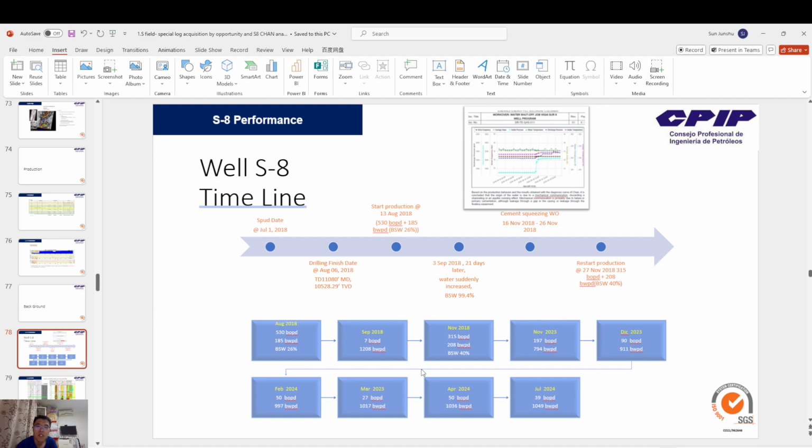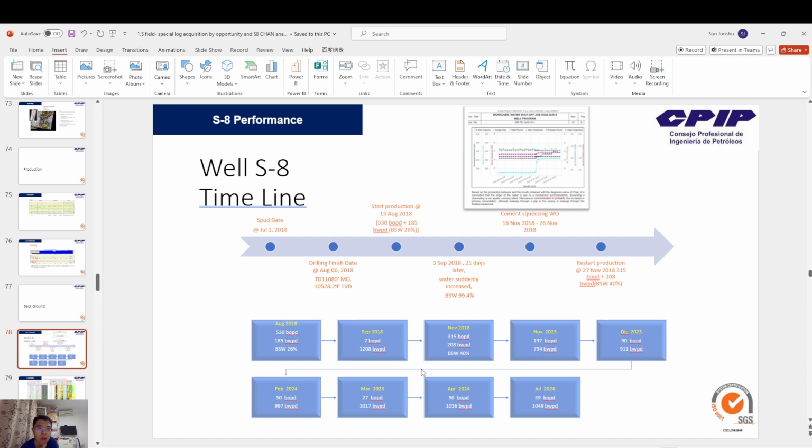On September 3rd, 2018, 21 days later, water suddenly increased, BSW nearly 100%, and cement squeezing workover from November 16th to November 26th.